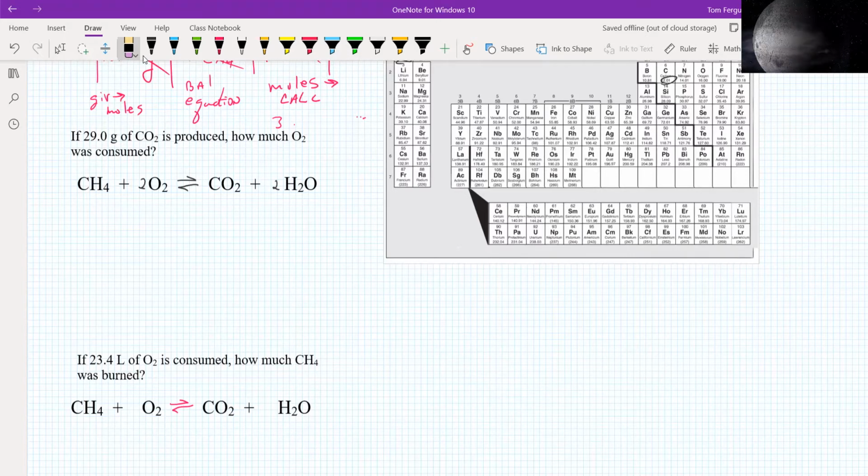Now notice what we're starting with is on the right of the equation. What we're going to end up with is on the left of the equation. Okay. So the equation doesn't determine what's given. The data that's given to you determines what's given.